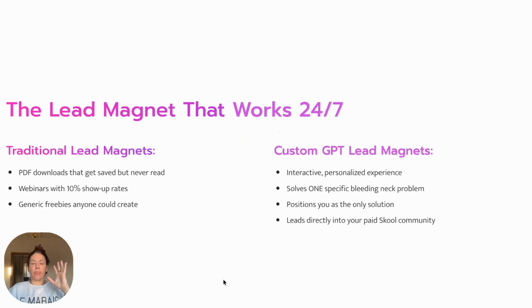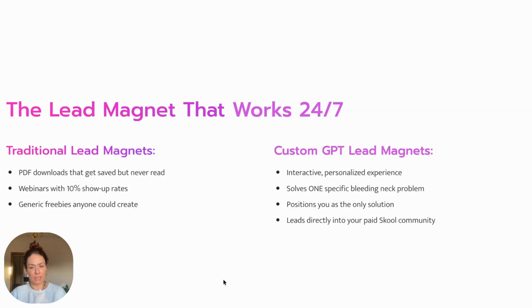The problem with traditional lead magnets is there are so many and most of them are very generic. It's like a PDF that anybody could make. They download it, but they don't ever really read it. They have to actually read through the whole thing in order to get the value. Or you could do a webinar, and webinars get notoriously low show up rates and even lower conversion rates, or just generic freebies that anyone could make.